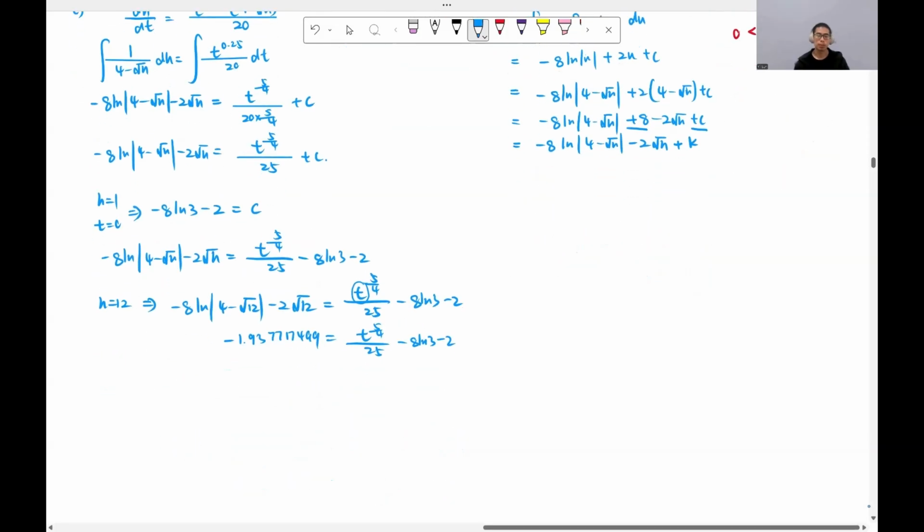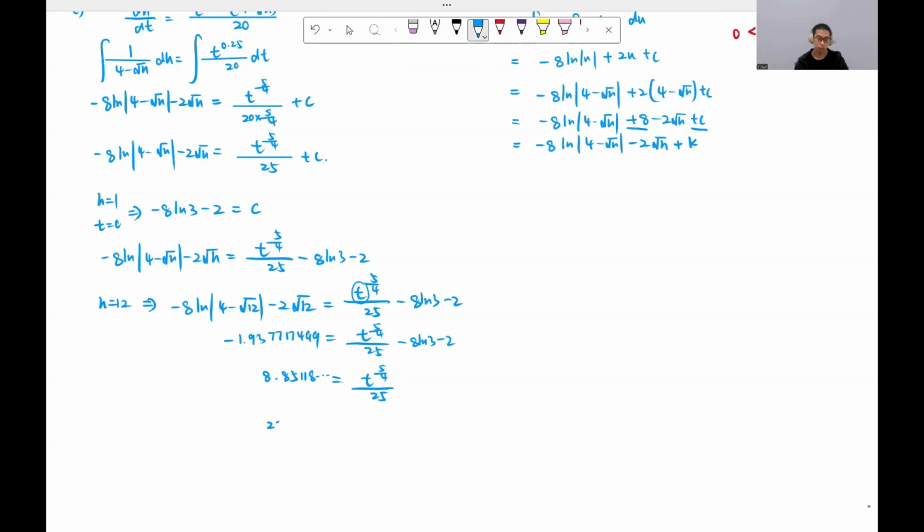So now add 2 to both sides and then add 8 ln 3 to both sides. So 2 plus 8 times ln 3 will give us 8.85118 equal to t to the power 5/4 divided by 25. Now I just multiply by 25 on both sides.